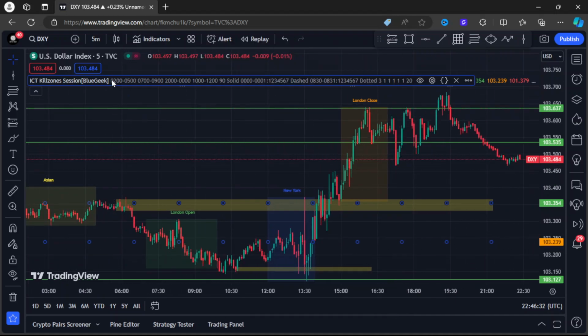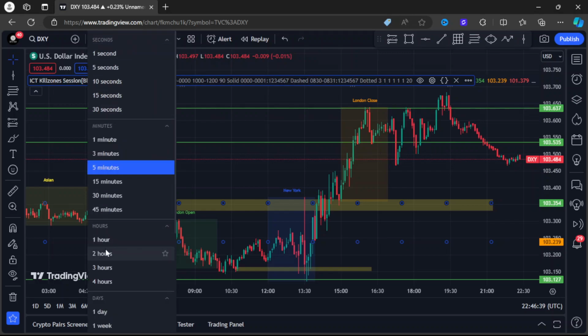When you're done with all these things, the first thing you have to do is always move to your higher time frame and start with top down analysis to find potential support and resistance levels in your chart.